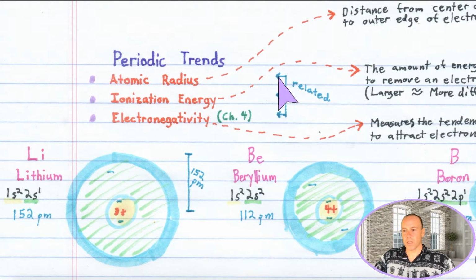The good news is that all three of these are related, and if you understand one of them, it will help us understand the other two. So we'll talk more about the atomic radius, make sure we understand why certain atoms are bigger and other ones are smaller, and once we get that, I think you'll more easily get the ionization energy and the electronegativity.